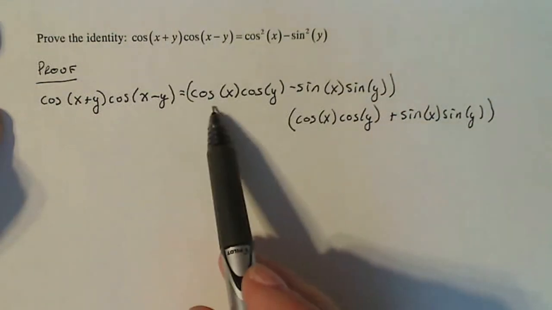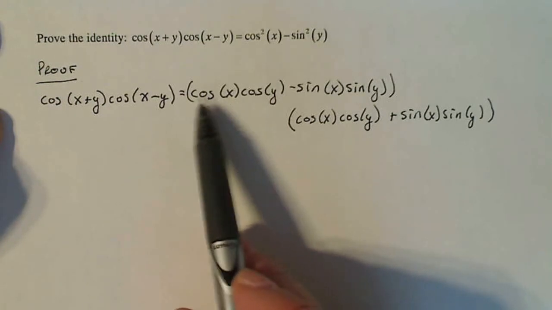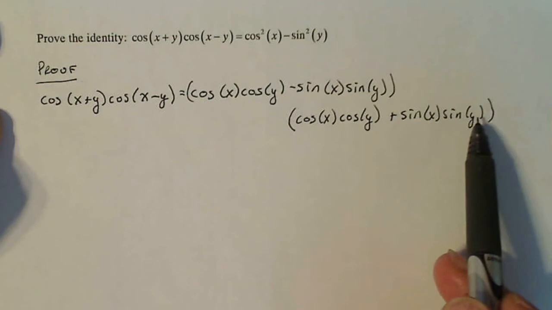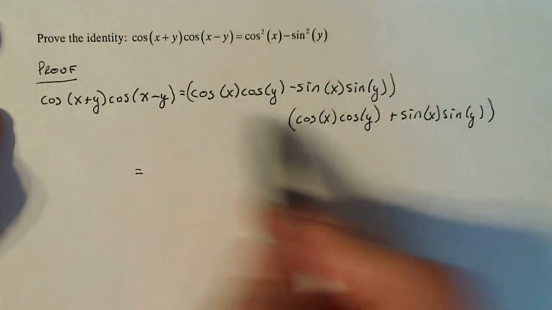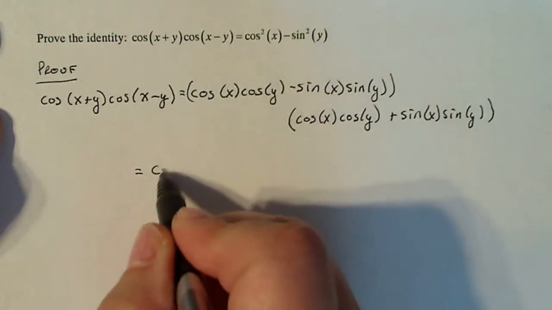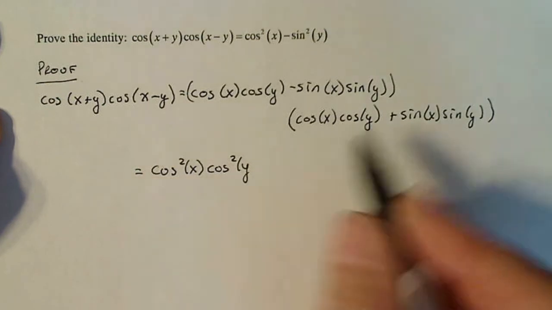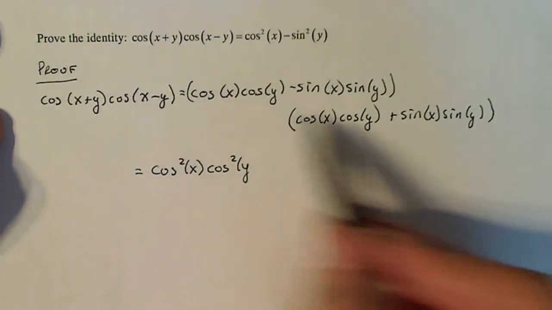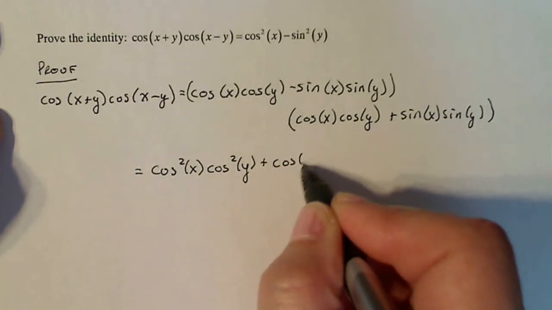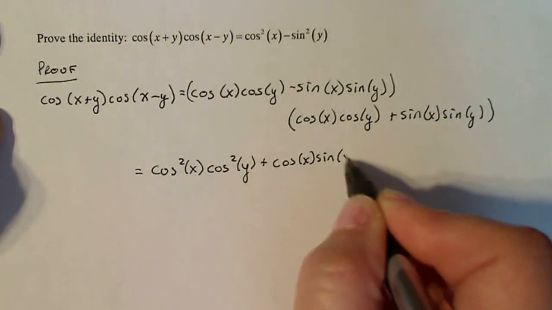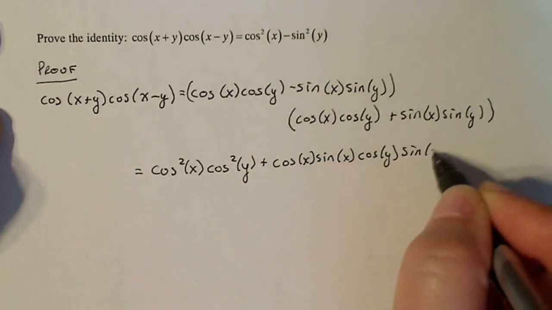Now again, this is a product of two binomials, or two terms. So I have one term, two terms, three terms, four terms, and I'm just going to FOIL, that old-fashioned foiling kind of thing. So I'm going to multiply the first two terms together, and I get cosine squared x, cosine squared y. For the outer terms, I get plus cosine x sine x, cosine y sine y.